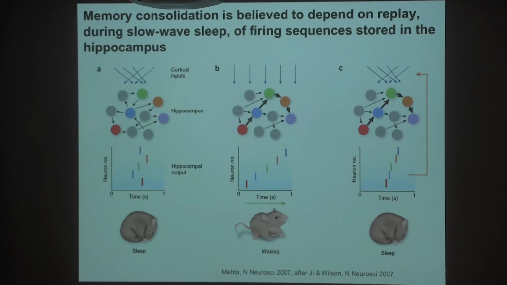That's the initial phase of learning. And then during sleep, when there is no sensory input anymore, the same sequences are played back. Some studies suggest they play back at a higher rate, but again, that is still to some extent controversial. And that replay also maps to replay in the cortical cells.